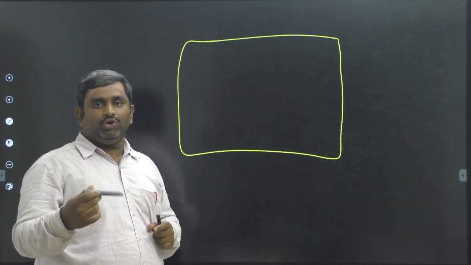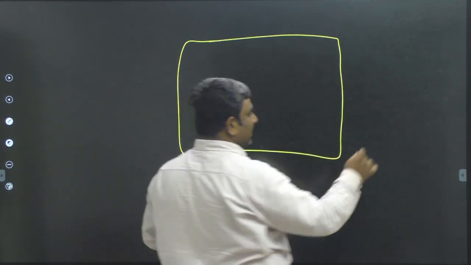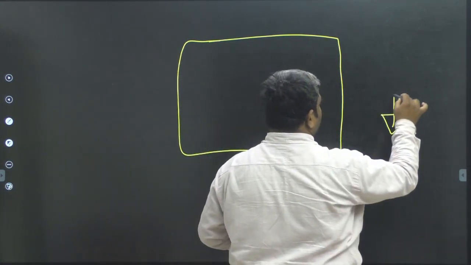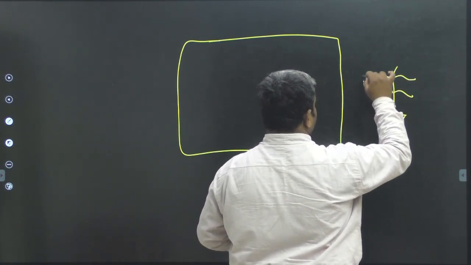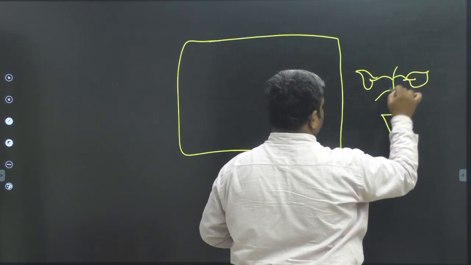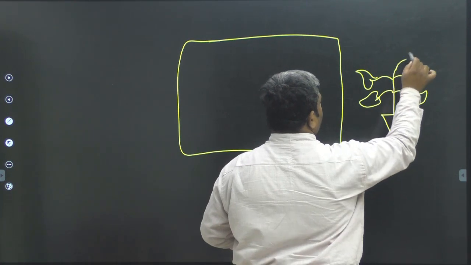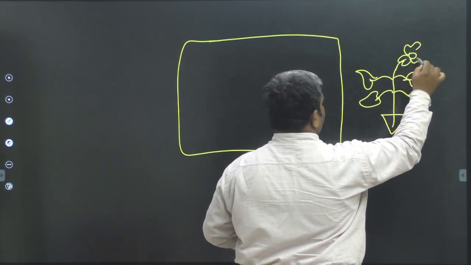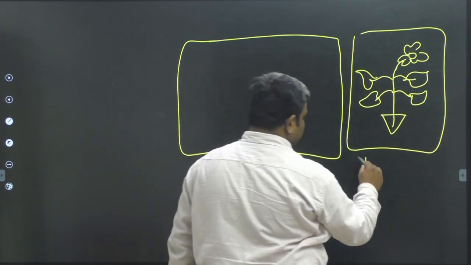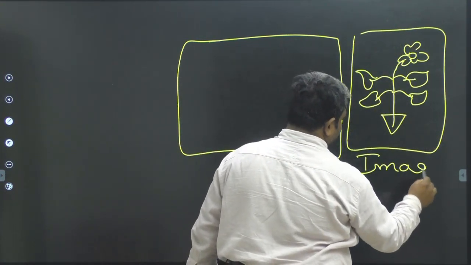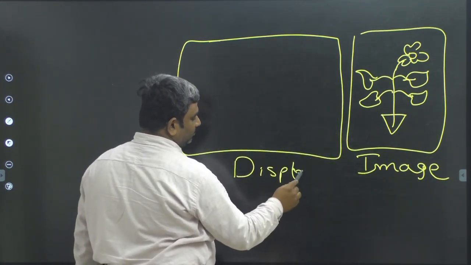In this TV, the complete image is divided into different parts. For example, here we have a plant. This is the image, and this is the display, non-fade.